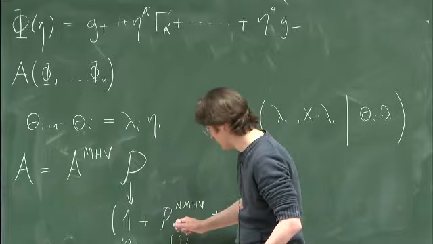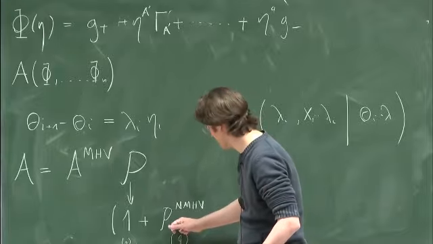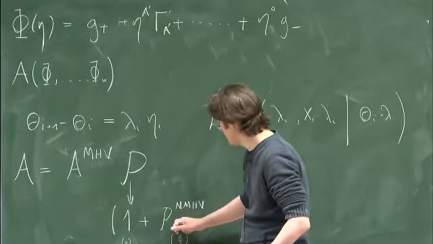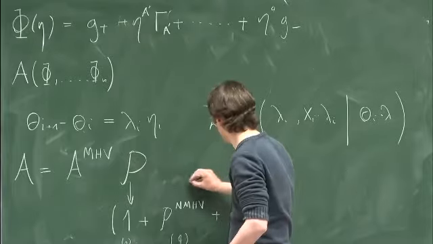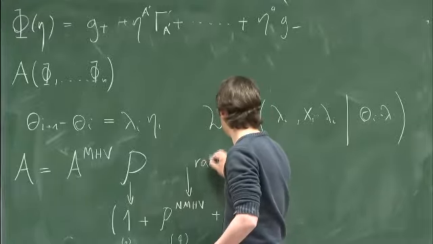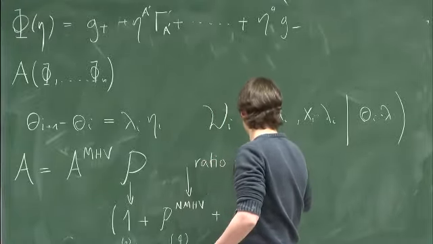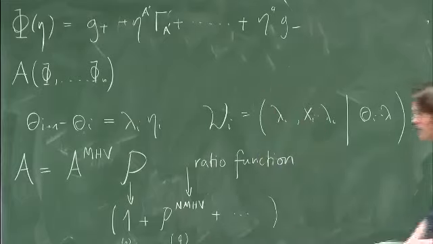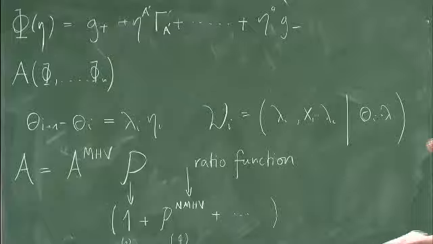But the interesting quantity from the point of view of the 6-point amplitudes is just the next-to-MHV. So that's the second interesting quantity that we're going to look at in this talk. And this is called the ratio function. Okay, so we're interested in the remainder for MHV and the ratio function for next-to-MHV.